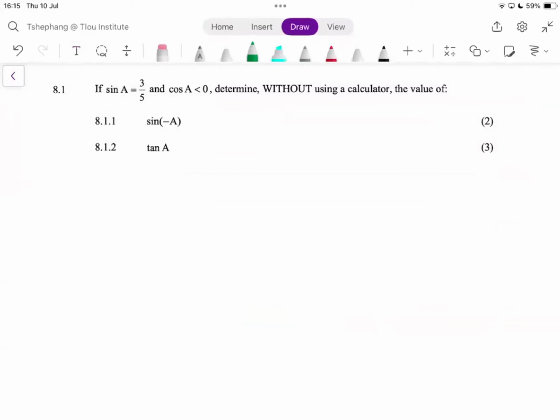Remember, this is Pythag-based trig. So you need to draw that or determine that quadrant for yourself first. It'll be easy for you guys to quickly find that.